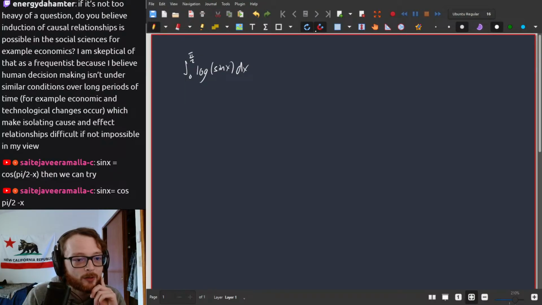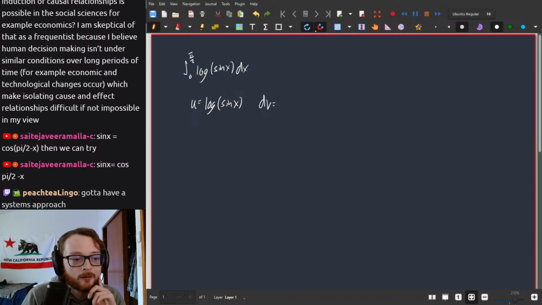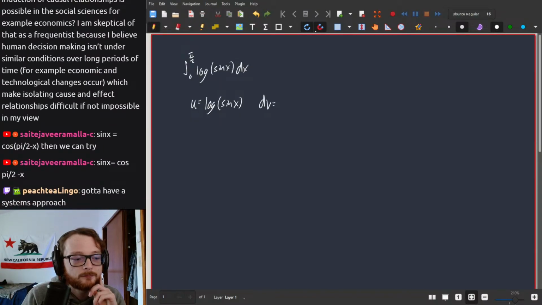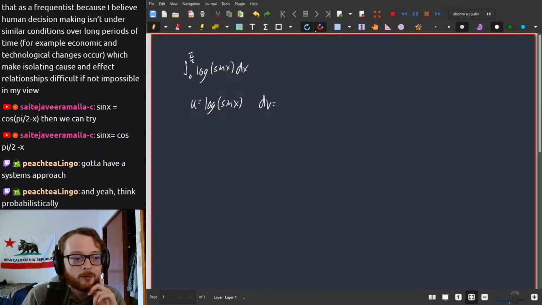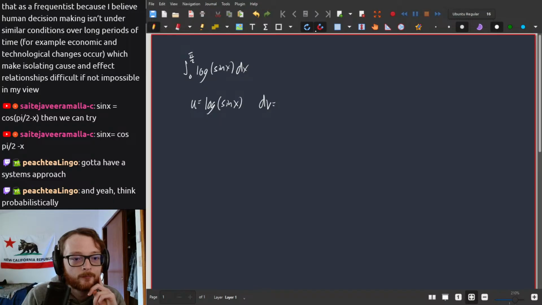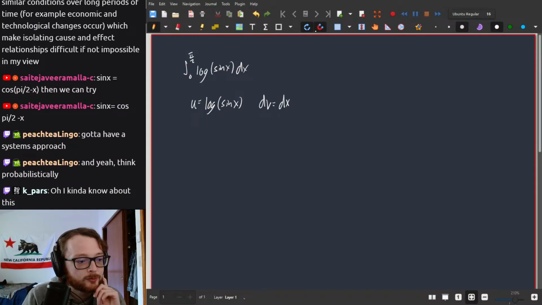A general statement will pretty much always have exceptions. You could try and soften the language and say a cause tends to have this effect, but since you specifically say social sciences, you probably can't make any firm statements ever. Kind of a systems approach. Think probabilistically, yeah.